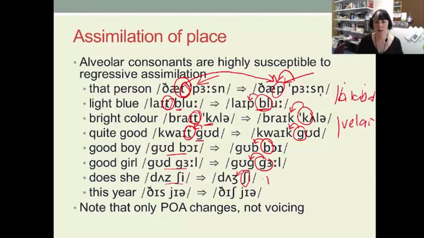So we have a post-alveolar assimilation. Here we've got an alveolar consonant followed by a palatal one. The palatal consonant has an effect on the preceding consonant, so it's produced further back in the oral cavity. So we've also got a kind of post-alveolar or palato-alveolar assimilation.